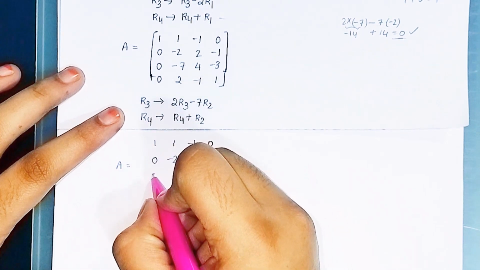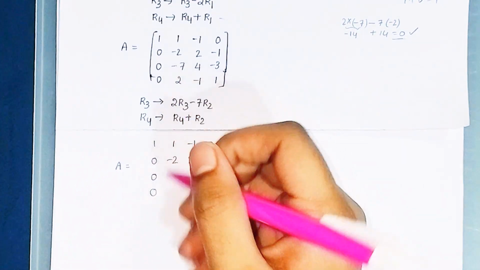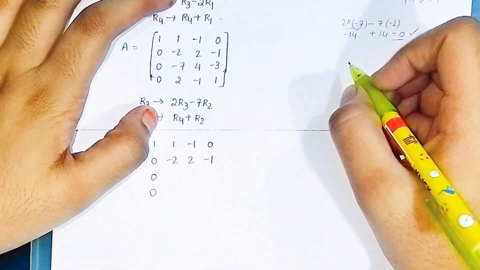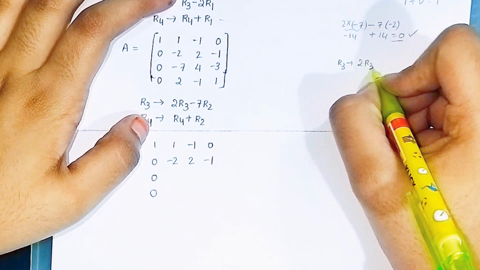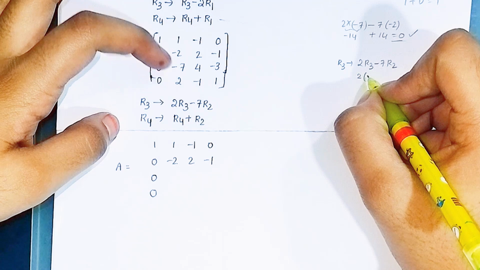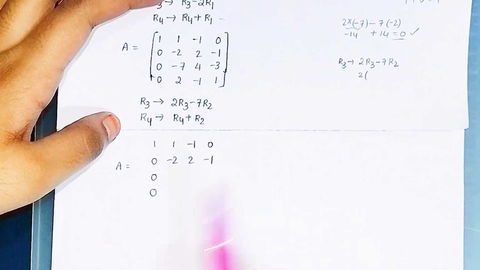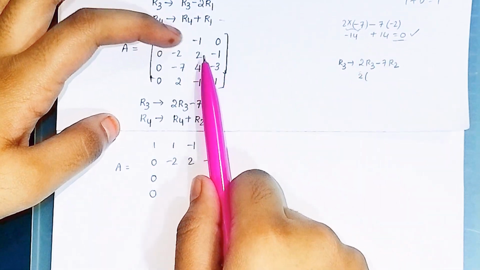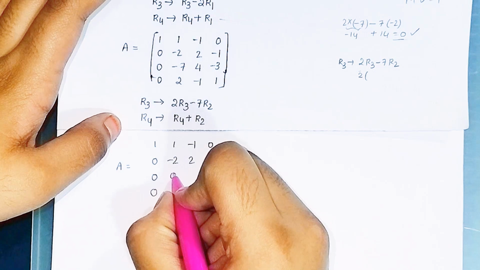Now coming to the third row, basically 0, between 0 anything happens will become 0 eventually. So now in the third row, you can always check it by writing in the rough work 2 into R3 minus 7 into R2. Now 2 times of R3 we have minus 7. We basically did it before, so I'm not going to write it again. I will be writing it as 0 because it's the same thing. So it will be 0.